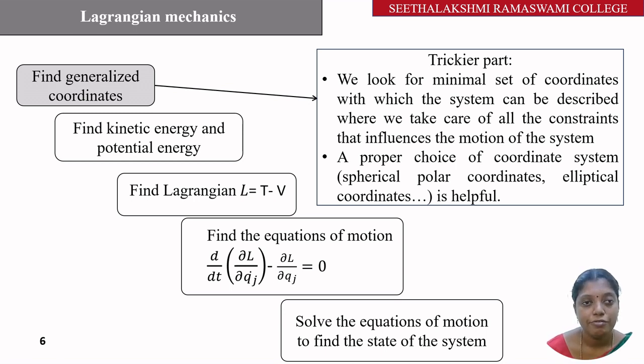So you have to take care that the choice of coordinate system is suitable, and also take care of the constraints of the system. Once the generalized coordinates are chosen, other things are just mathematics, so you can proceed very easily.